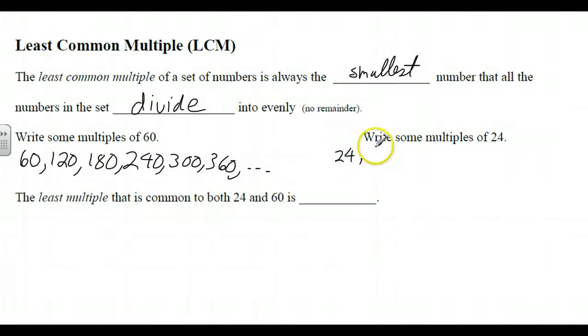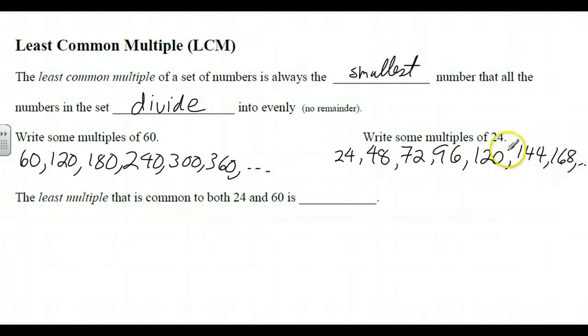Multiples of 24. 24 times 1. And we're talking about natural numbers multiplying. 24 times 2 is 48, 72, 96, 120, 144, 168, and so on. The least common multiple that's common to both. Now, when I look for least common multiples, I always look at the bigger number, and I say, okay, 60, do you see it over here?